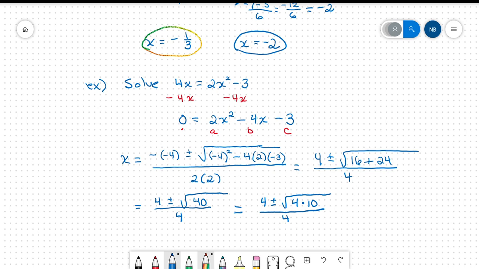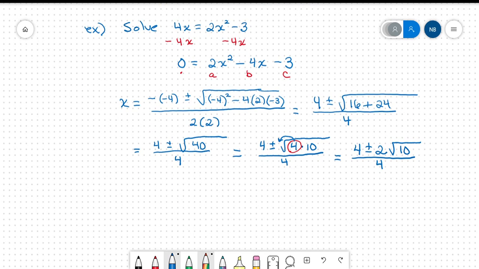The reason I chose 4 times 10 is because 4 is a perfect square. So I can take the square root of 4, which is 2, and pull it out of the radical and put the 2 in front of the radical, and then leave the root 10 behind. So that's called, what is that called? Simplifying the radical.